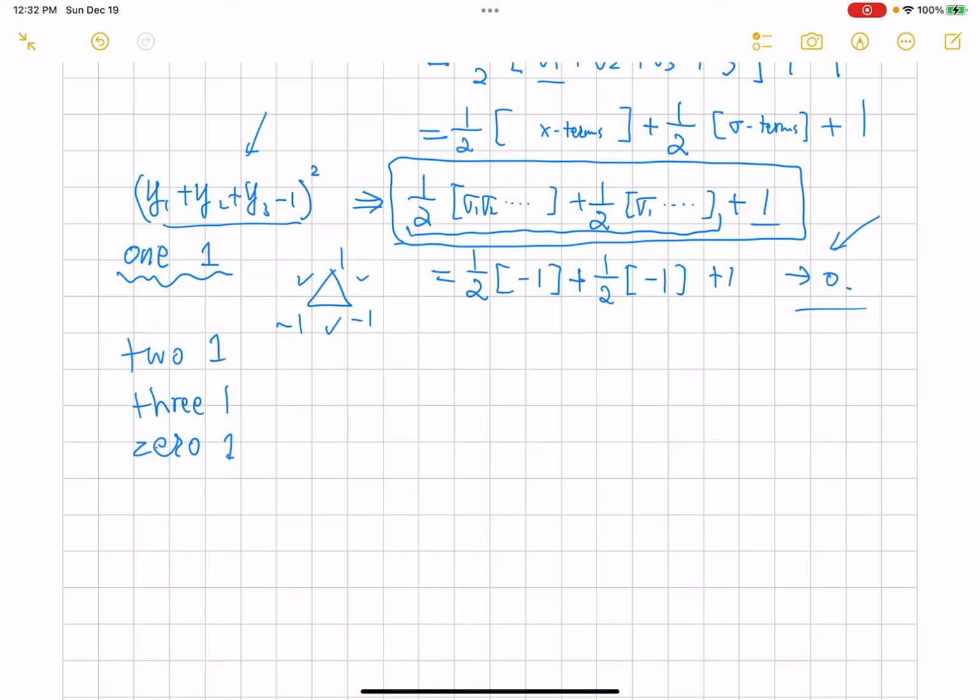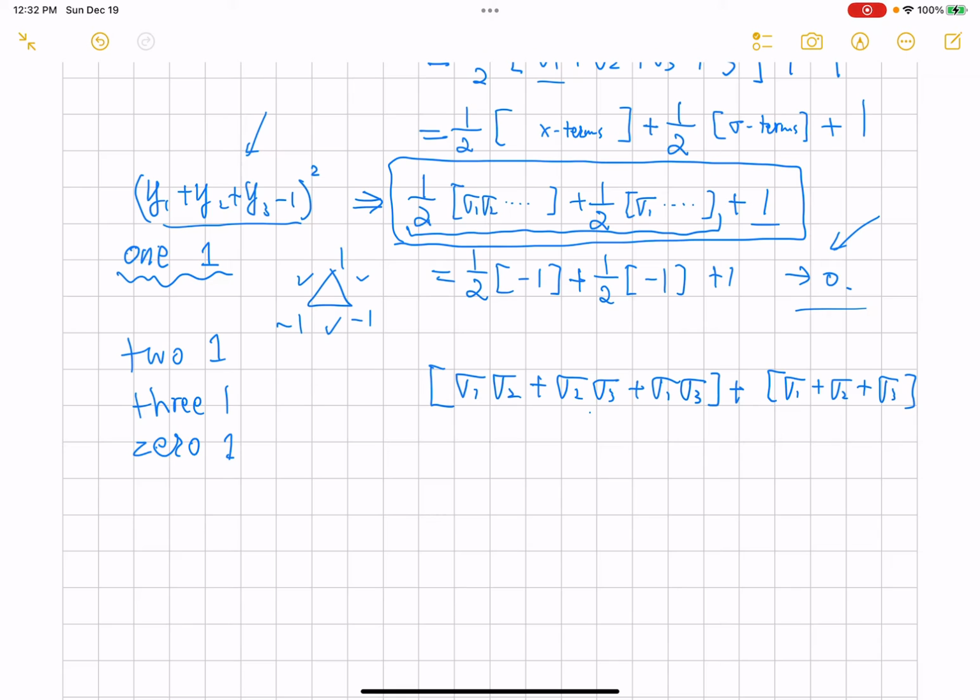So the penalty in spin would really be this: sigma 1, sigma 2, plus sigma 2, sigma 3, plus sigma 1, sigma 3, sorry. This is your edges, this is your cross terms, plus sigma 1, sigma 2, and sigma 3, right? That's the penalty that you want.